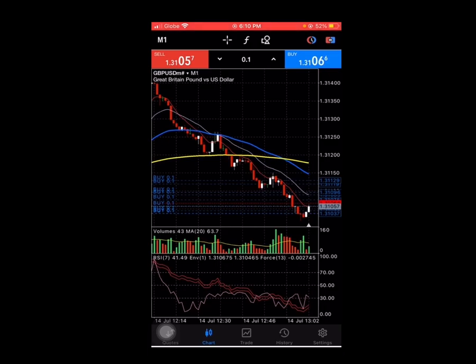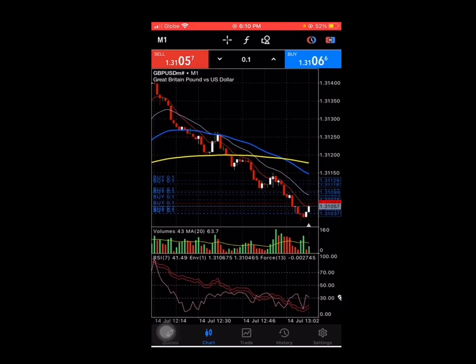Okay, so we take our order because our strategy tells us to take it. It's because of our main indicator that tells us when to take position, like is it time to buy or is it time to sell.